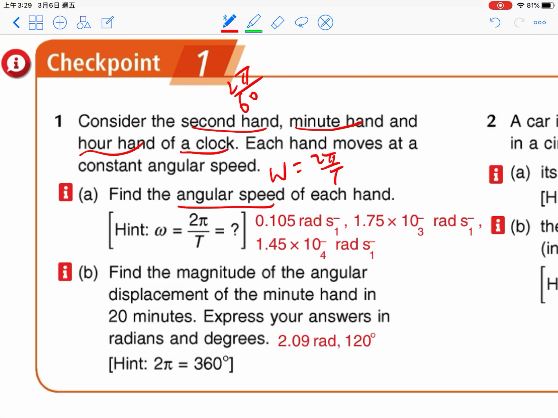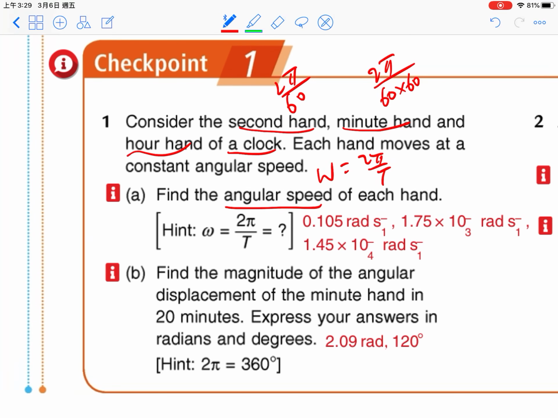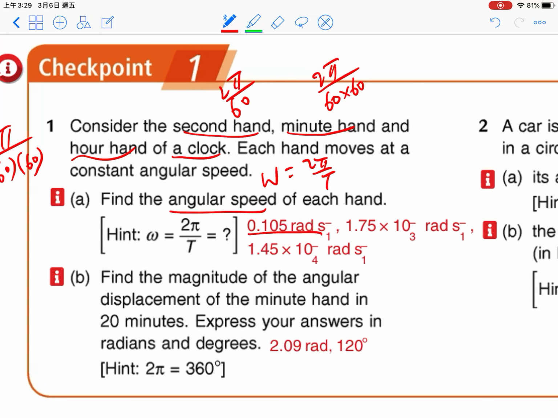Okay, the period is 60 seconds for the second hand. For the minute hand, it will be 2 pi over 60 times 60. Okay. For the hour hand, it will be 12 hours, so it will be 2 pi over 12 times 60 times 60. Okay, so we can get the answer.